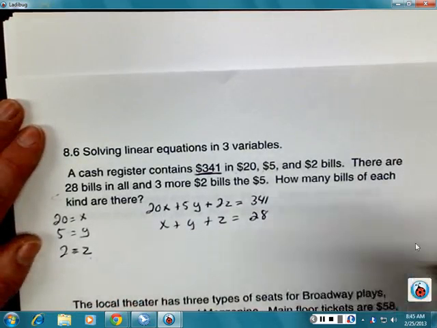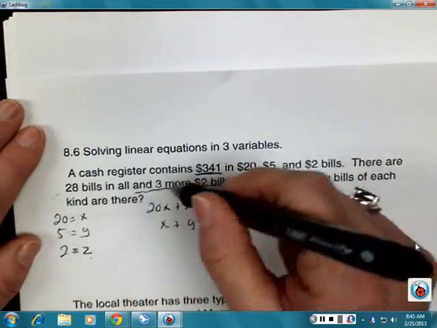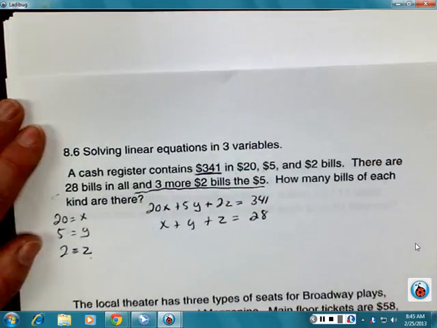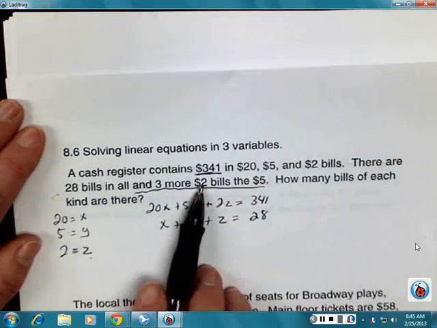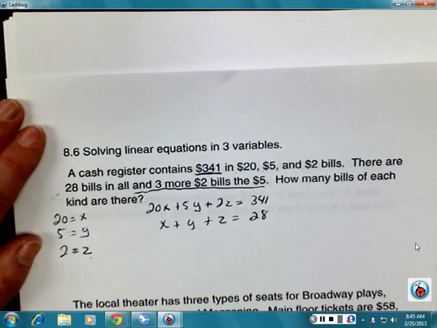Then we get this last thing. It says that in all, and 3 more $2 bills than 5. What in the world does that mean? We've had those in our problems before. What in the world is that telling me?